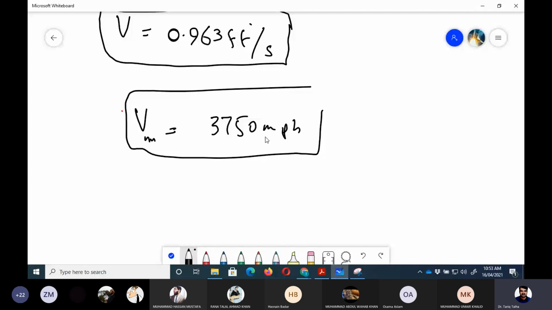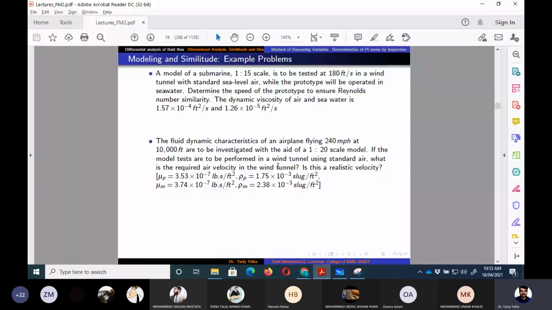Either we conduct the experiments in a water tunnel, maybe that would ease this very high value of velocity. Maybe it would be a little bit less, which can be achieved in the water tunnel. Or second thing we can do, the model we have created, maybe we need to scale it a little bit less aggressively. It means that maybe 1:5 would be more pertinent, or 1:10.